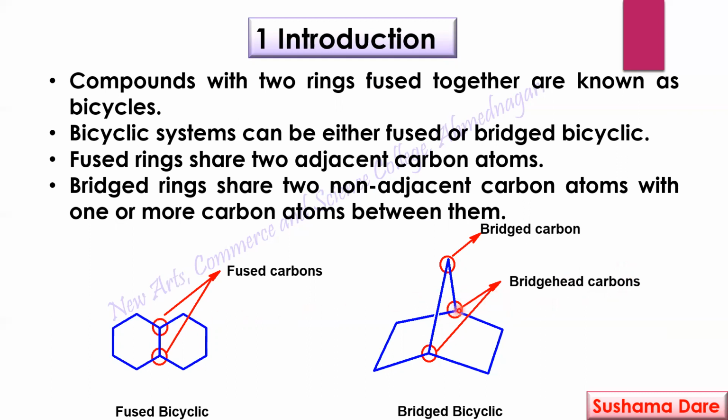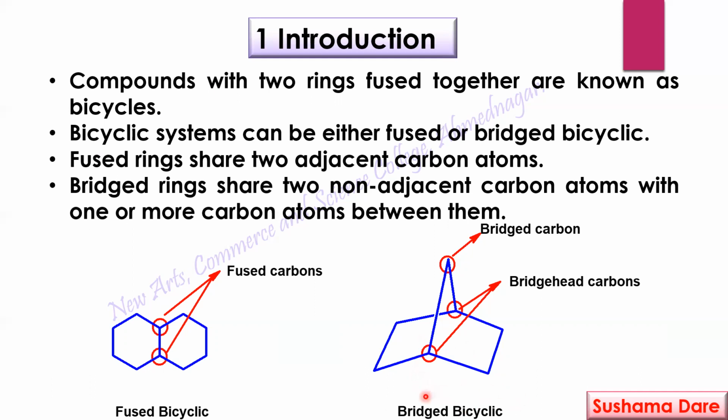Now here, between these bridgehead carbon atoms, there is one more carbon atom. Not necessarily only one carbon atom, you may have a different number of carbon atoms over here. So these bridgehead carbon atoms are non-adjacent. Again, there are two cycles. It is again a bicyclic compound, and the two atoms common among these two rings are not adjacent carbon atoms.